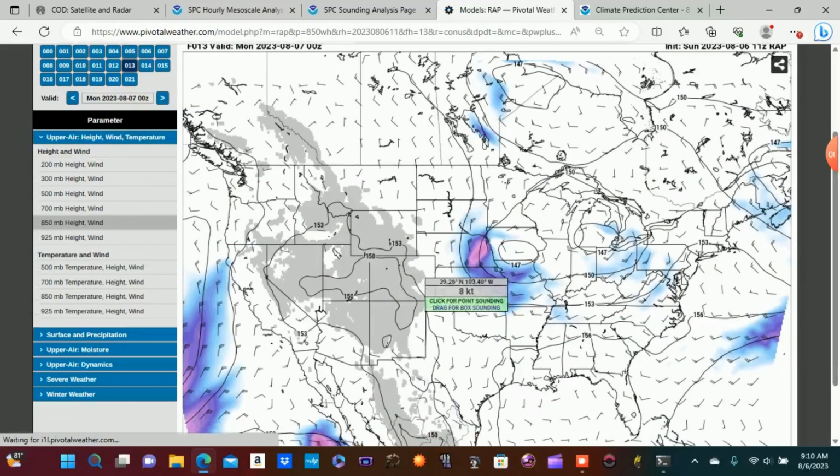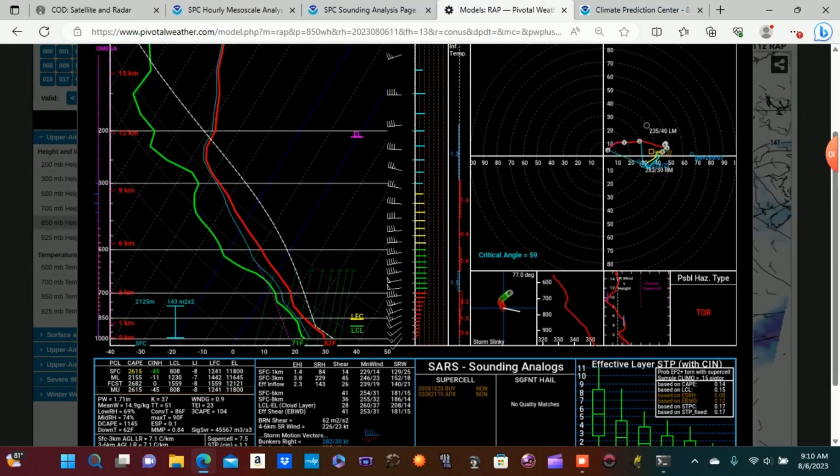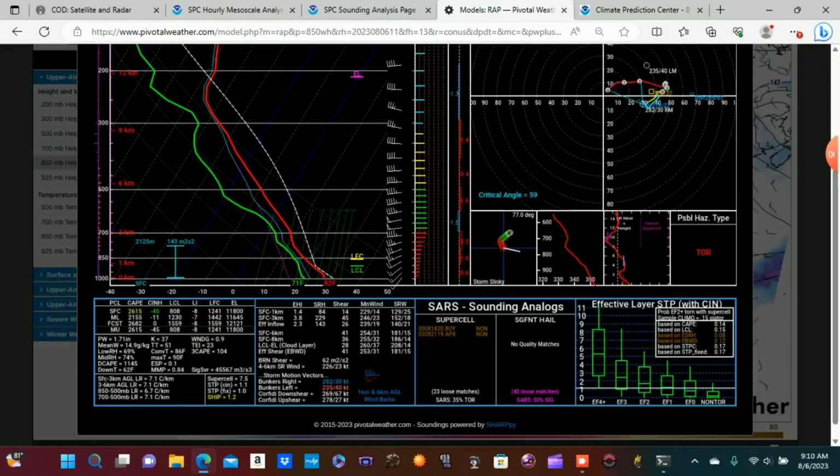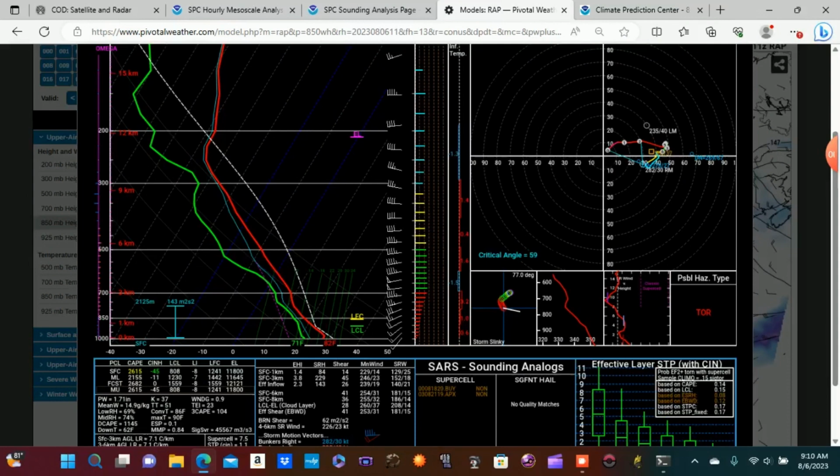And so we're going to look at a forecast sounding for 7 p.m. and going to take a sounding from St. Louis, Missouri. And so this model is not forecasting quite as much instability across the Midwest as compared to the Deep South, but still sufficient instability for severe thunderstorms.